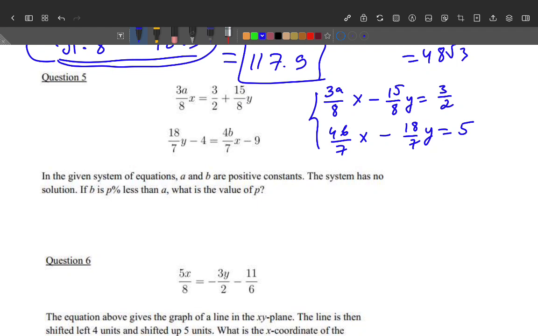I think it's understandable for you, and I know that if this system has no solution, because of this, the ratio of the coefficients should be equal. Negatives I remove.